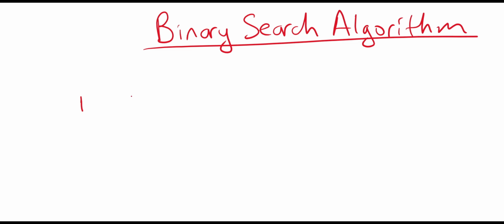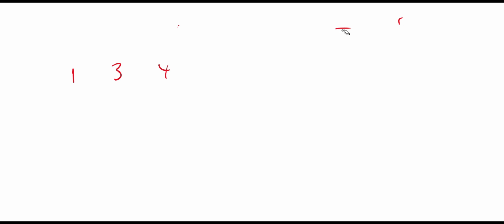Let's say that we have 1, 3, 4, 5, 17, 18, 31, and 33. This is a sample sequence.